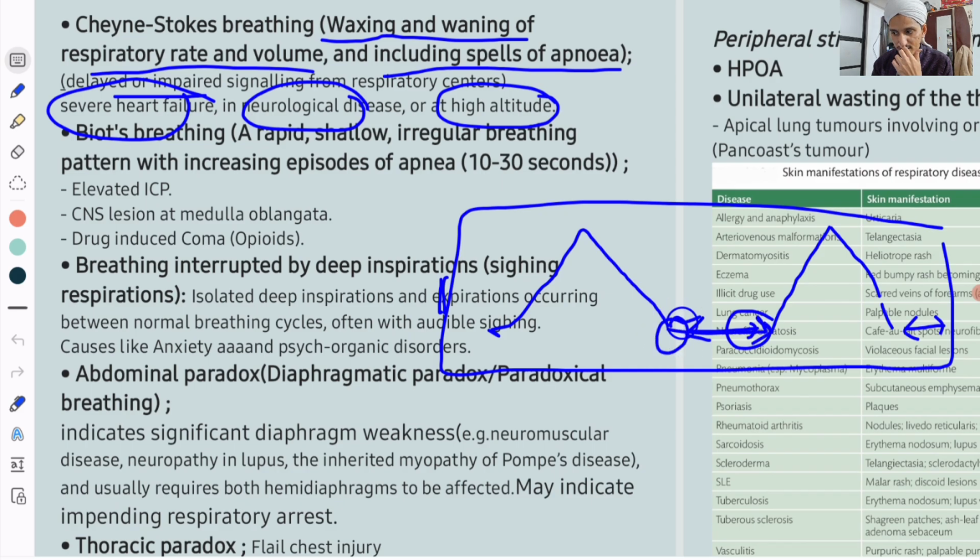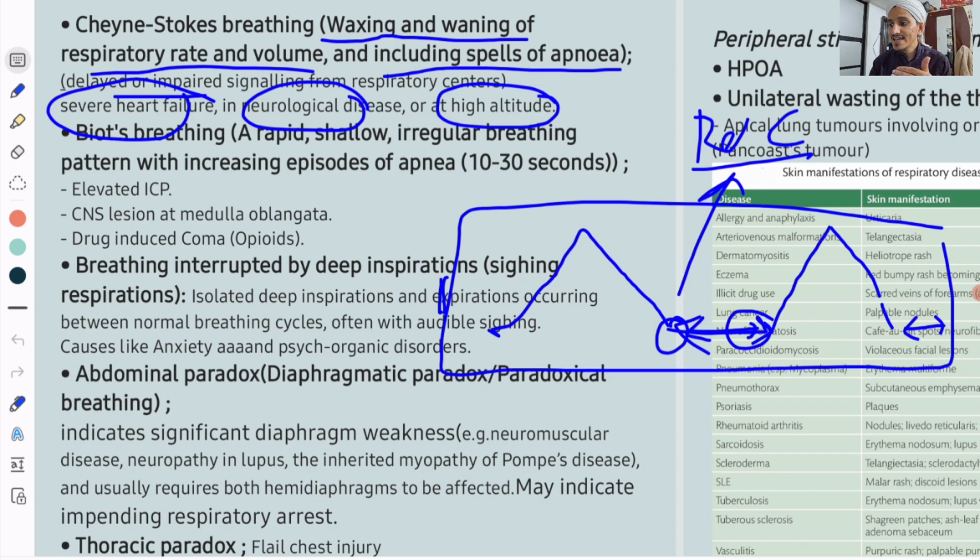What happens is, when the patient has apnea for some seconds, the respiratory center will not receive the response. There will be a lag in receiving the response because of cardiac pump failure. Blood is pumping slowly, so that high carbon dioxide blood is taking time to reach the centers of the brain.